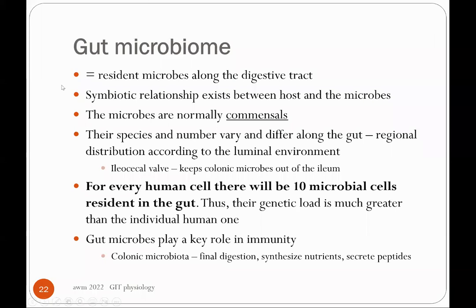So the gut microbes play a key role in immunity, and the colonic microbiota, as I said earlier, perform the final digestion. They synthesize nutrients, and they also secrete peptides that keep your immune system healthy, and the nutrients will be absorbed and used by your body later on.